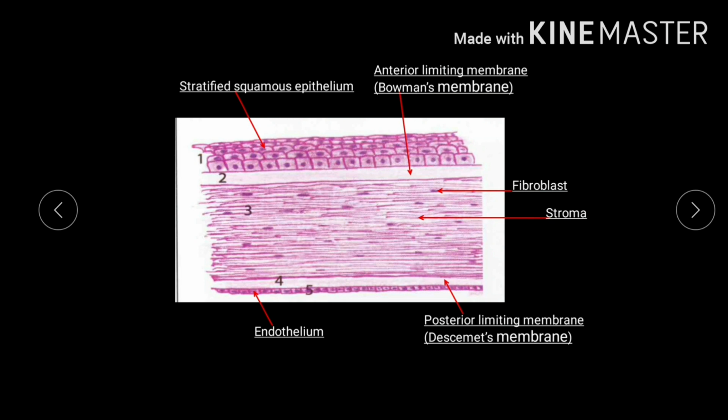Now the second layer, lying on the inner aspect of the corneal epithelium, is known as Bowman's membrane, or the anterior limiting membrane, or the anterior basement membrane. This layer is homogeneous in nature, with a homogeneous laminar arrangement and randomly arranged collagen fibrils.